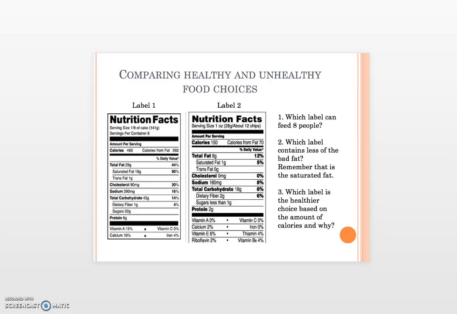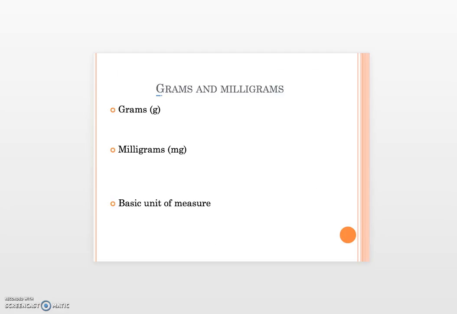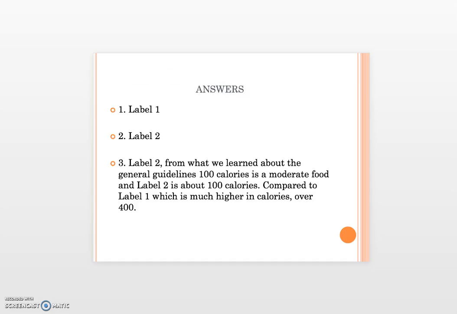Question number 3. Which label is the healthier choice based on the amount of calories and why? Now if we look at label 1, the calories are 460. If we look at label number 2, the calories are 150. So which is the healthier choice? If you said label number 2, you're correct.